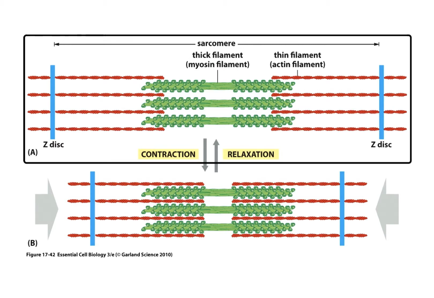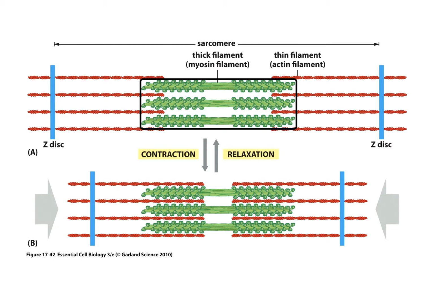So when the muscle is relaxed here, you have the thick filament of myosin here with the heads not connected to the actin.